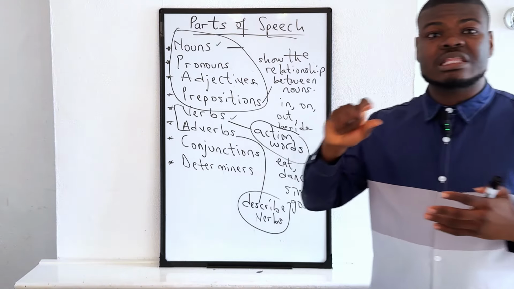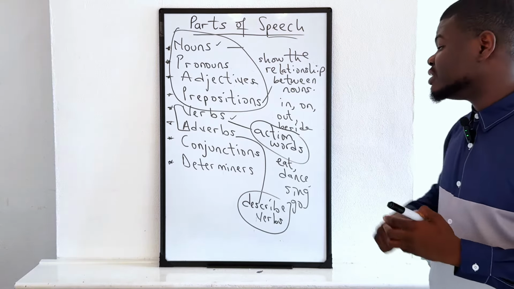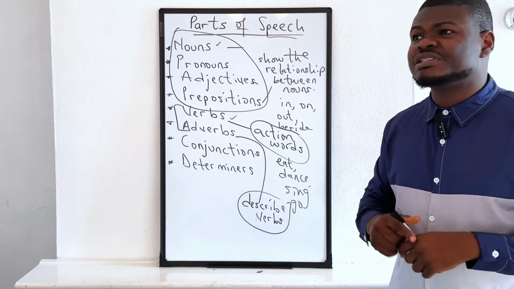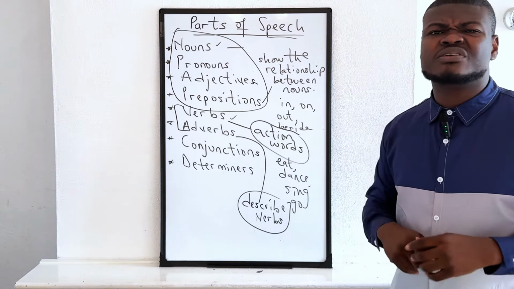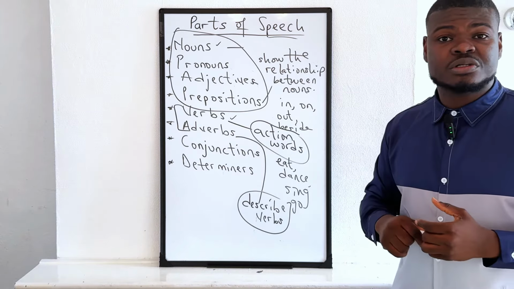Could also tell us the place where the action was done, the time when the action was done. Could tell us loads of information about the action. Could tell us the reason, the purpose, etc.